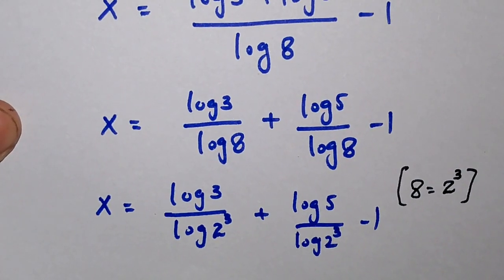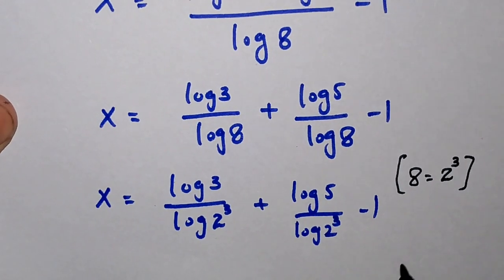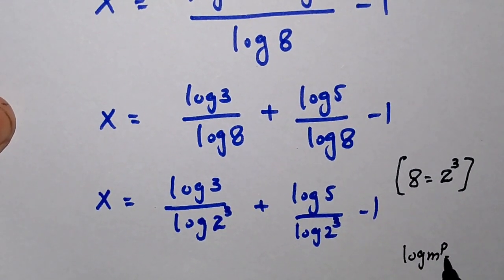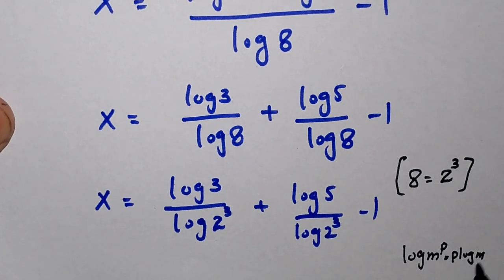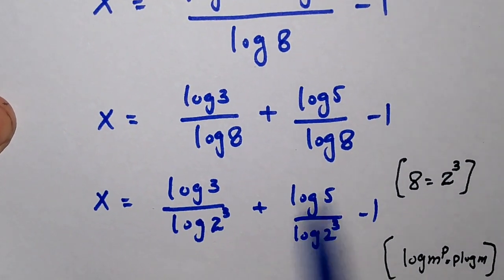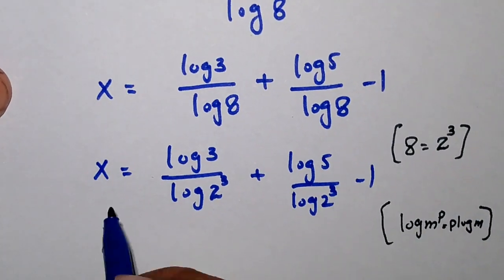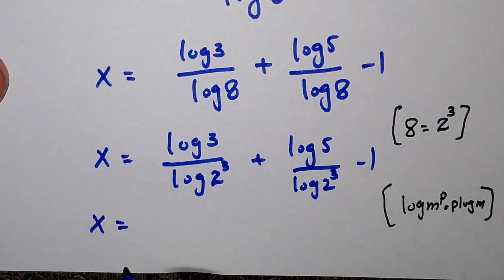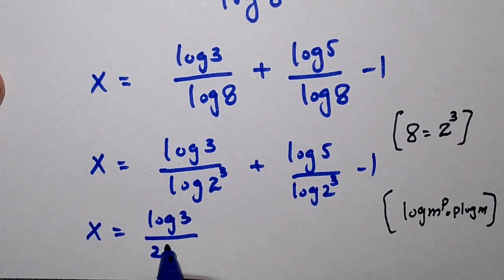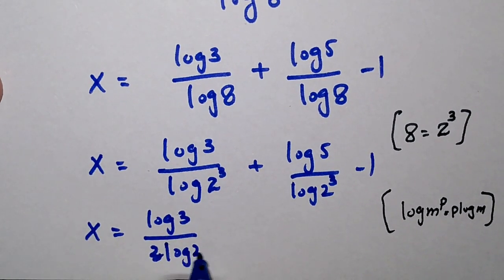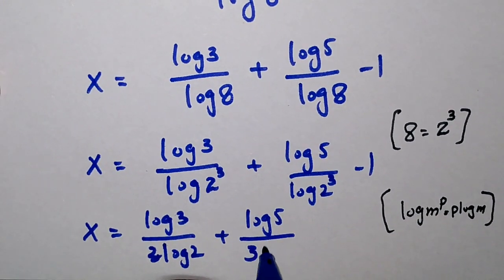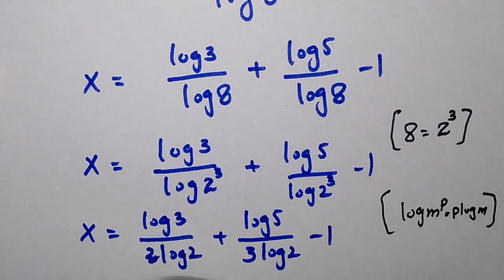Now again, we know that log of m to the power t is equal to t log of m. So this 3 moves to the front, and this will become x is equal to log of 3 over 3 log of 2 plus log of 5 over 3 log of 2 minus 1.